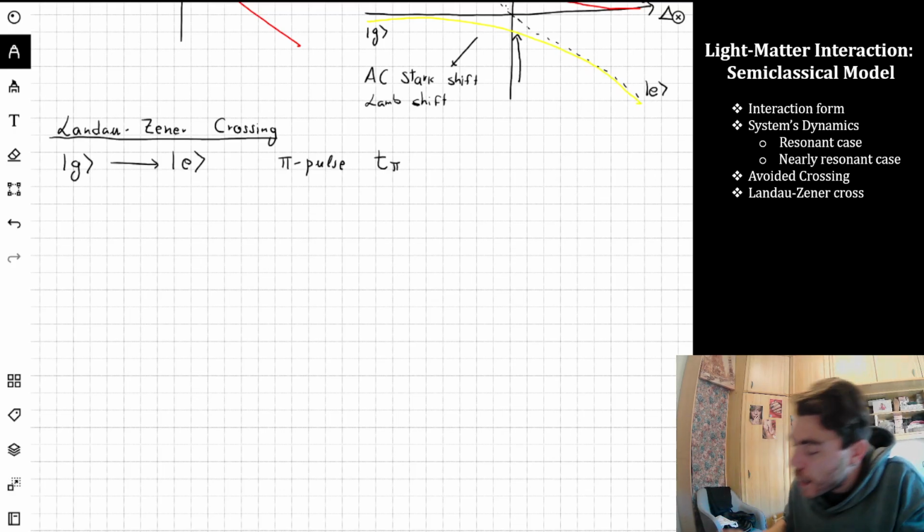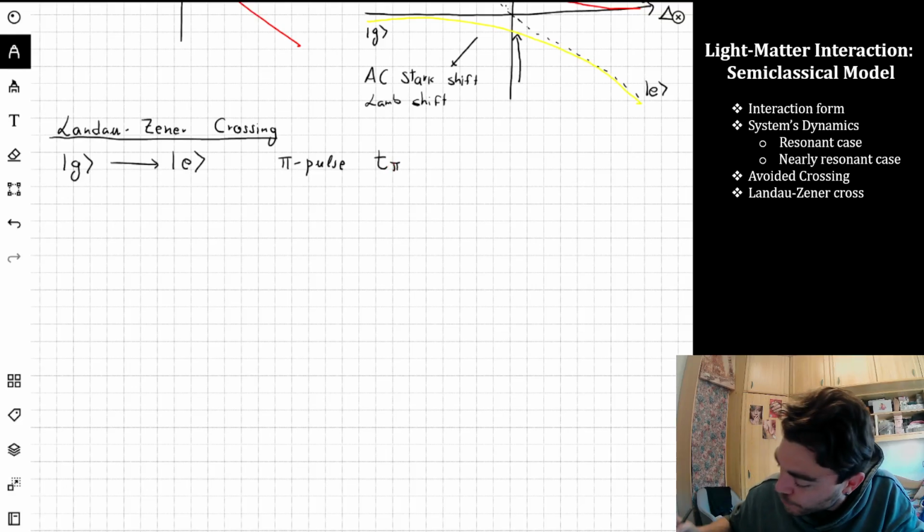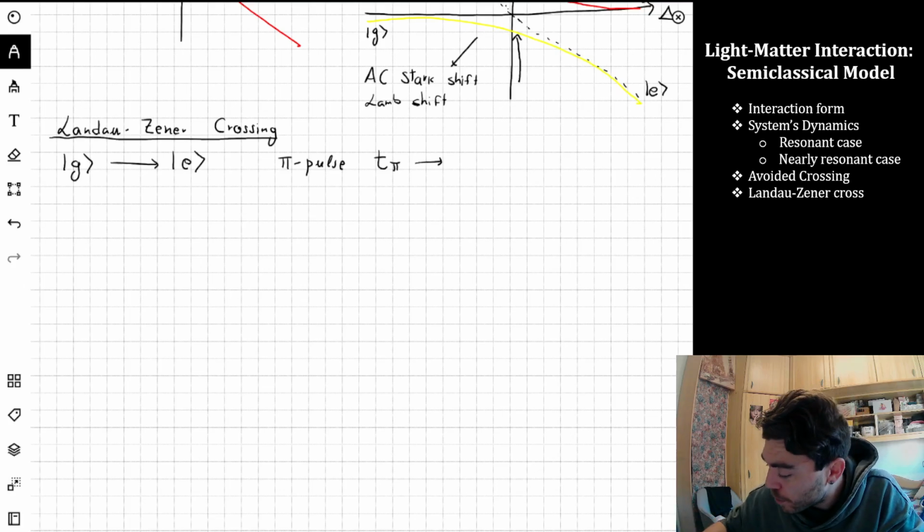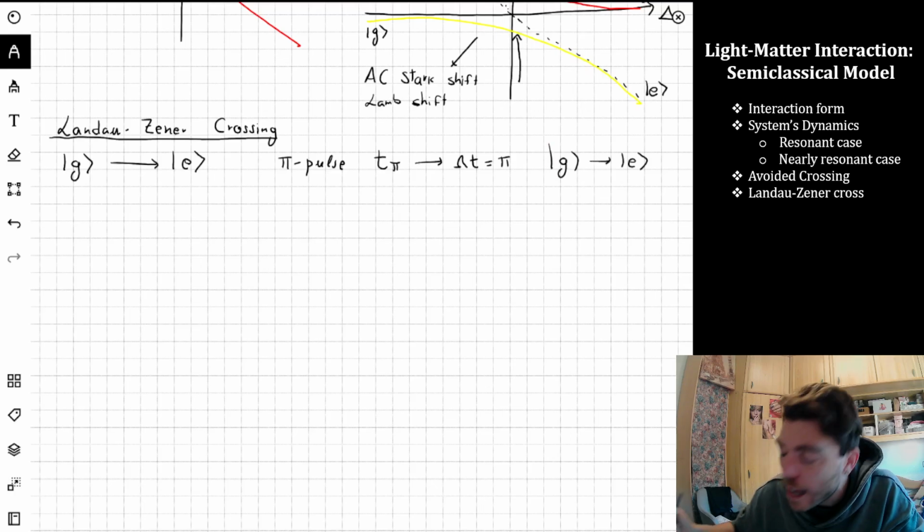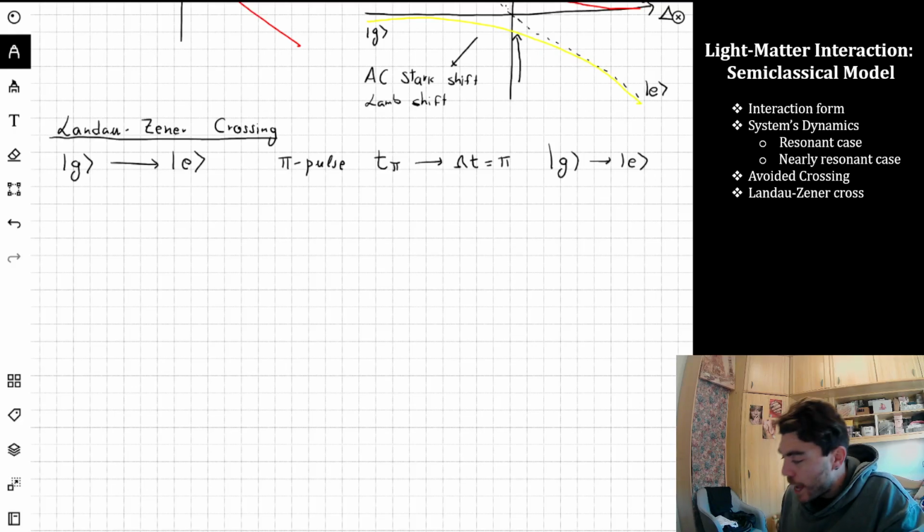Alright, sorry for that. So we can send a pi pulse, so that if the time is good, if omega t equals pi, then we get exactly this transition.